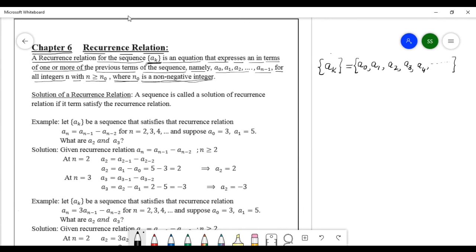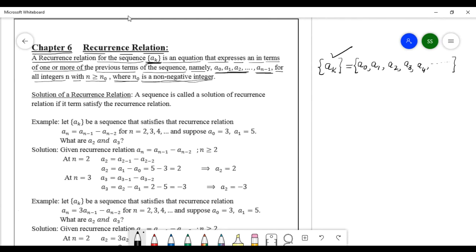This a_k in the bracket is called the sequence, where k starts from 0. The recurrence relation you will write in terms of these previous terms a_0, a_1, a_2. Okay, previous terms.